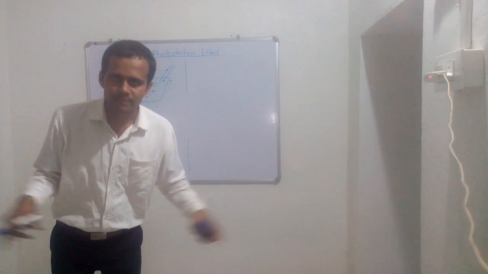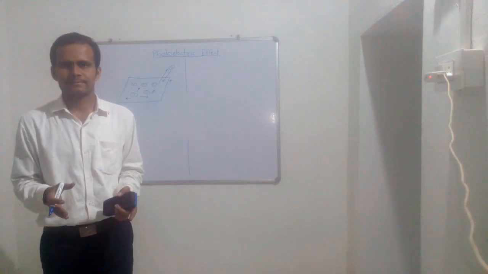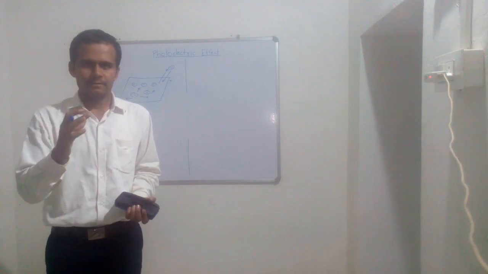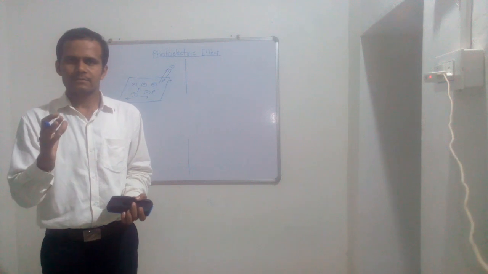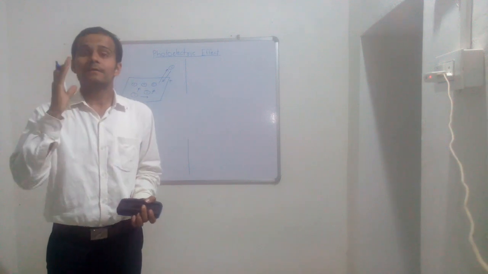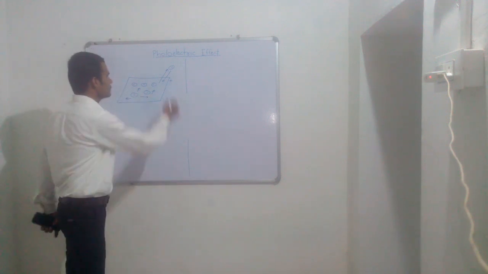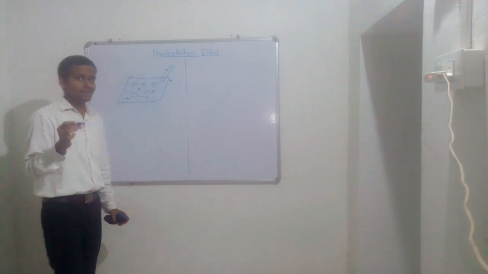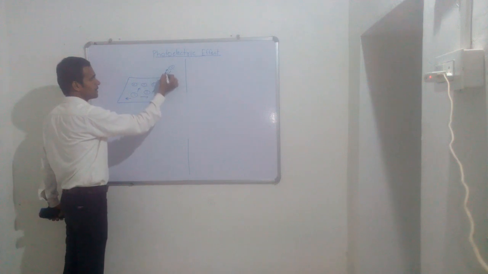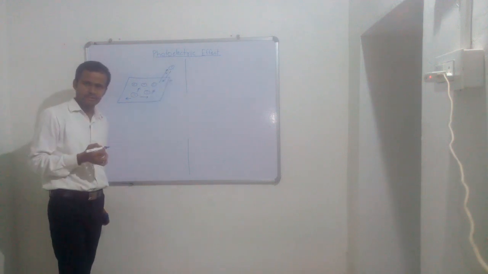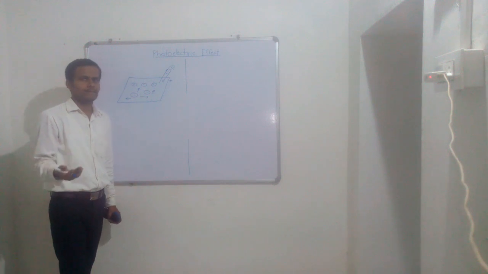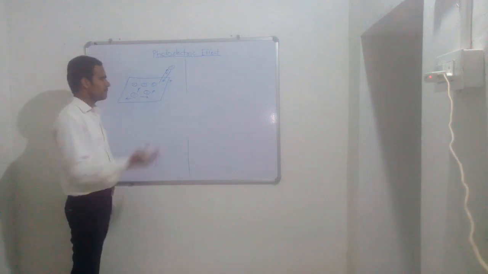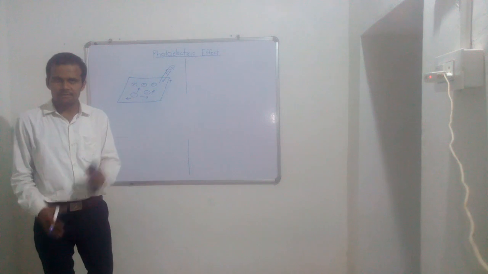They cannot escape from the metal, and these electrons can escape if some energy is given to them. If some energy is given to it that will overcome this attractive pull from the surface of the metal, then the electron can escape from the metal. An electron can come out of the metal if a sufficient amount of energy is given to it.